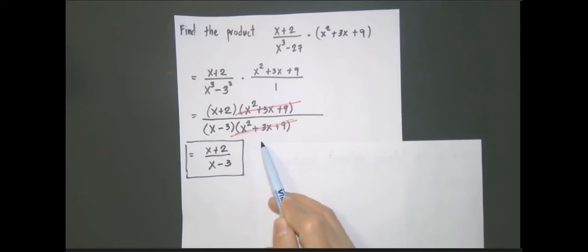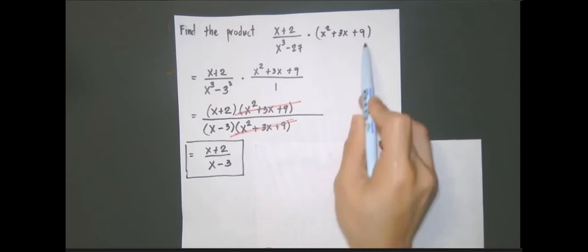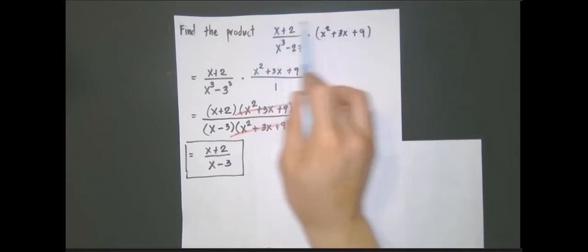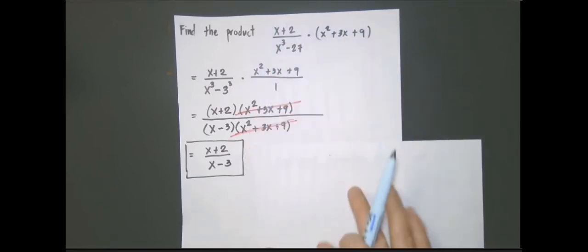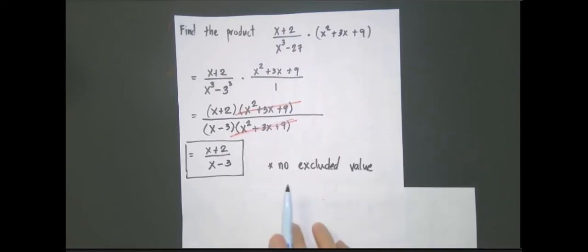It means that no values must be excluded from the domain to make the simplified form, x plus 2 over x minus 3, equivalent to the original expression. In that case, for this problem, there will be no excluded value.